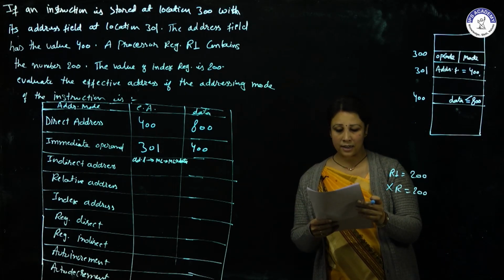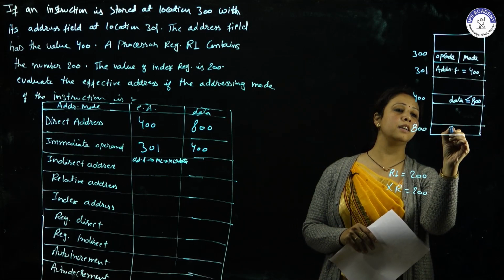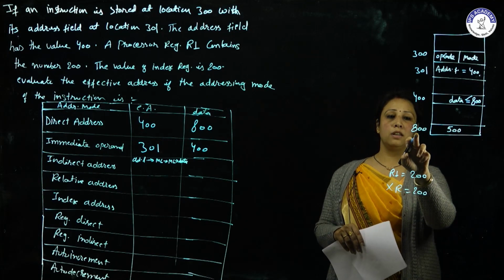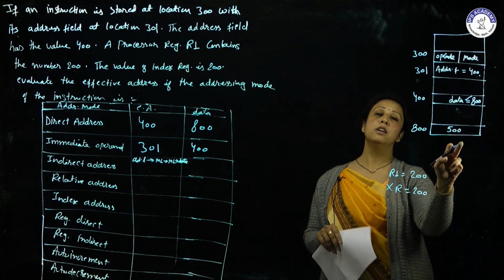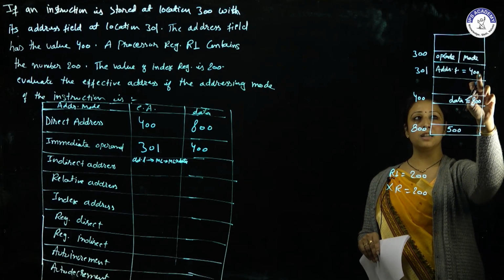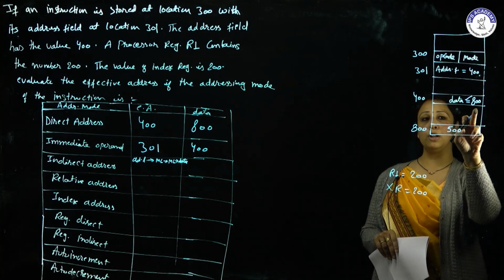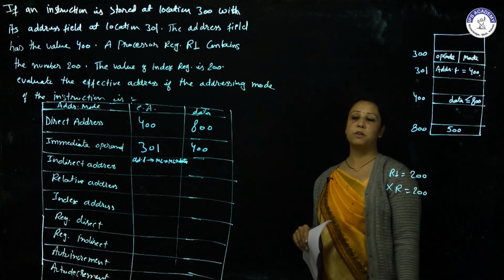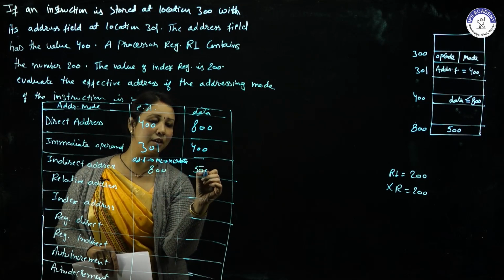When we go there to 800, it contains a value; suppose 500. So when we go to this value 800, we find the data on which we have to perform the operation. So the address field gives a value which is an indirect address. When we go to 400, it gives us another value 800, and this 800 gives us the data on which we have to perform the operation. So here effective address is 800 and data is 500.